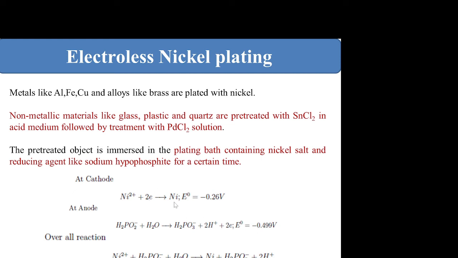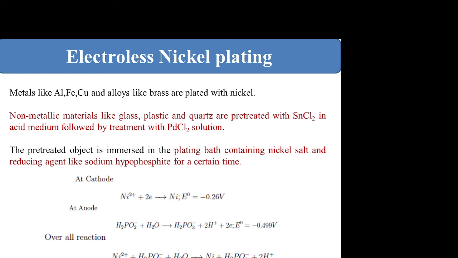So nickel undergoes reduction, and hypophosphite ion undergoes oxidation to phosphite ion. Here in hypophosphite, phosphorus is in +1 oxidation state. It is converted to phosphite, where the phosphorus is in +3 oxidation state.